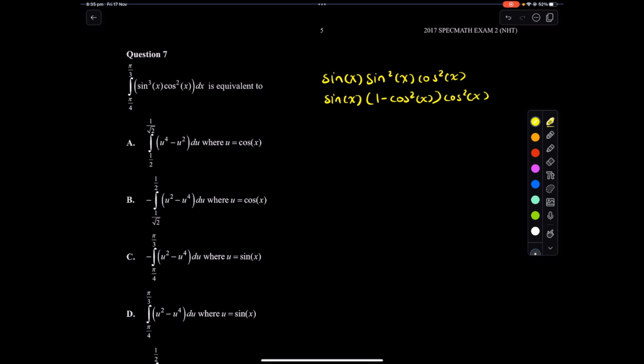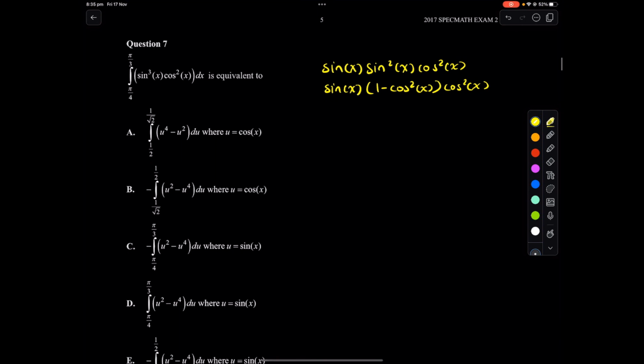Okay, now we can actually let u equal cos of x. Hence, dx is negative 1 over sine of x du. So writing this whole integral, if I sub in pi over 4 into this one over here, it will be 1 over root 2. And if I sub in pi on 3, it will be a half.